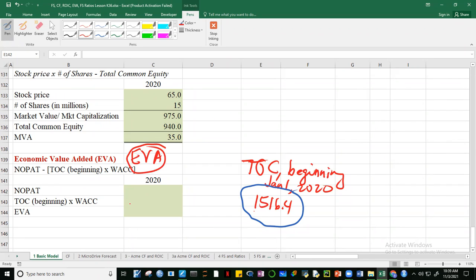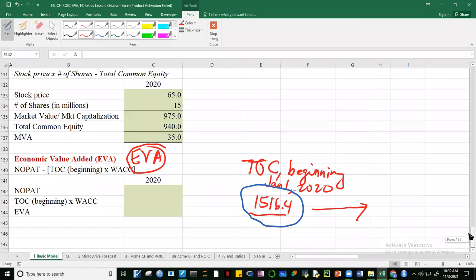So let's suppose we were the managers, and at the beginning of the year, we as managers were provided by the investors with this amount of money, the total operating capital at the beginning. For the whole period, how much was NOPAT? How much profit did we generate for the firm?